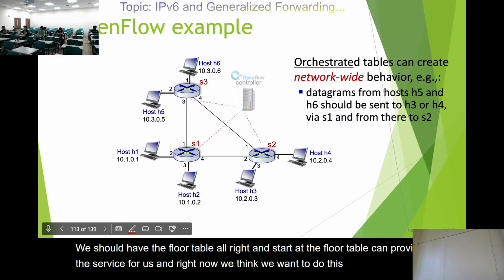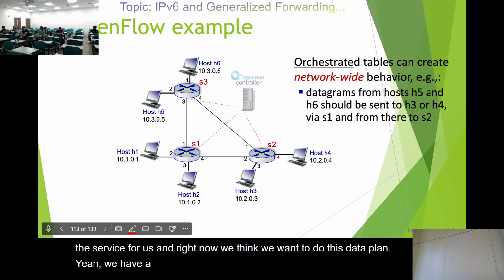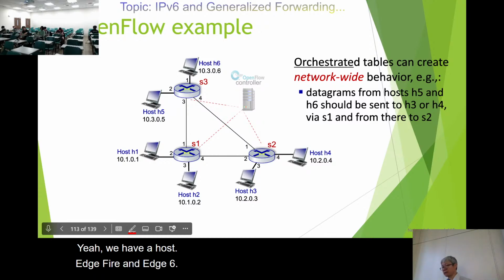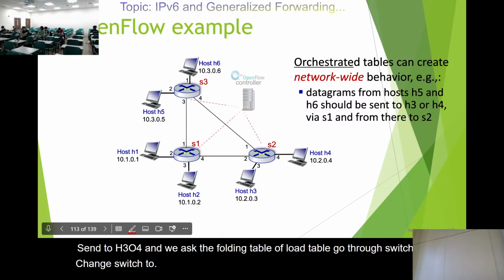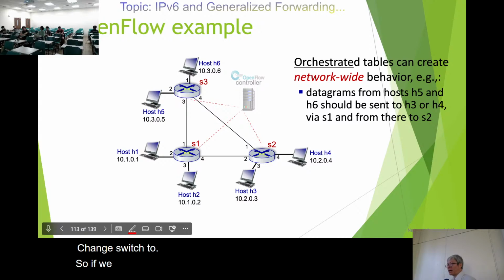Datagrams: here we have hosts H5 and H6. And currently, we want these, 5 and 6, to send to H3 and H4. And we ask the forwarding table or flow table to go through switch 1 to switch 2. So if we have this rough requirement, then what to do?